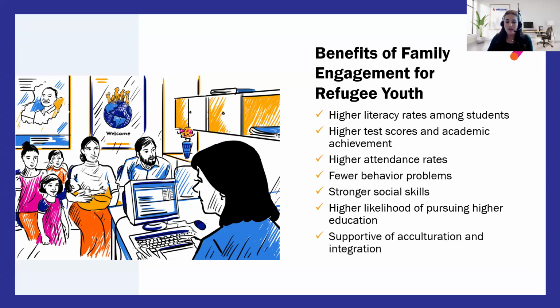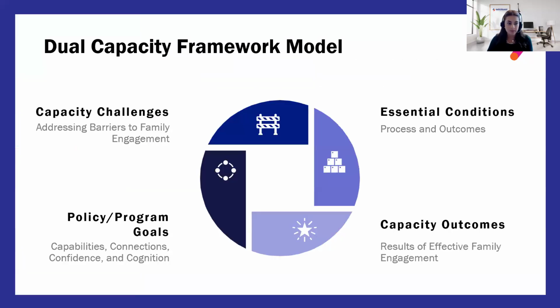And really, when it comes to newcomer students and refugee students, all of these are so important because these are uphill battles that many of them are facing. Of course, supporting their acculturation and their integration, right? So when they feel more included in the school, when their families feel more engaged, these are all major benefits that you're going to see with newcomer students that are so important.